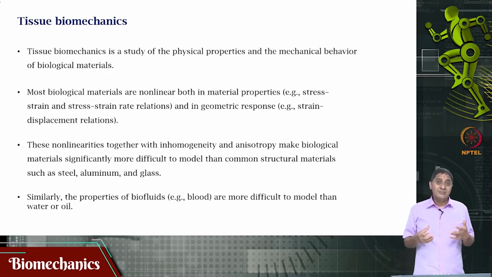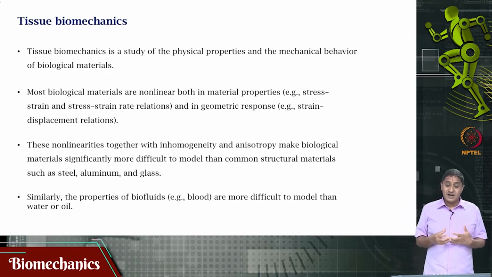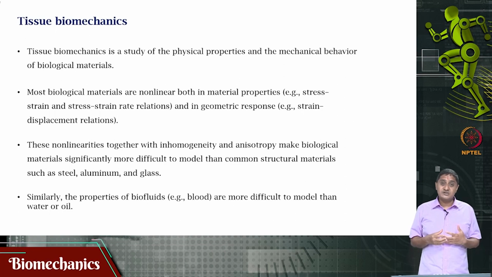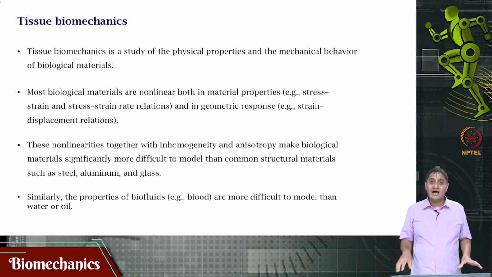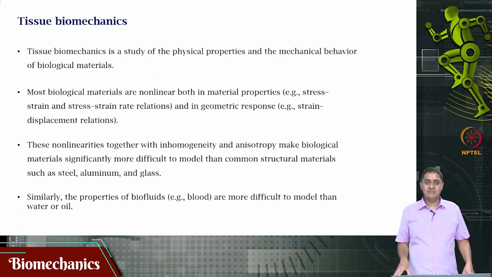So, the material property and the way it responds to stress or forces depends on the direction in which you are studying. This is called anisotropy, or the non-existence of isotropy. Isotropy is not there in biological materials.